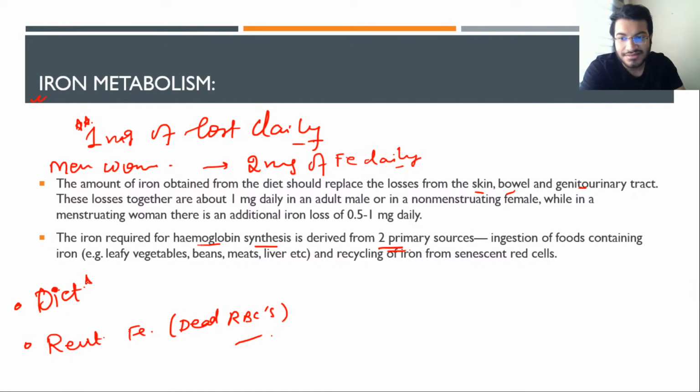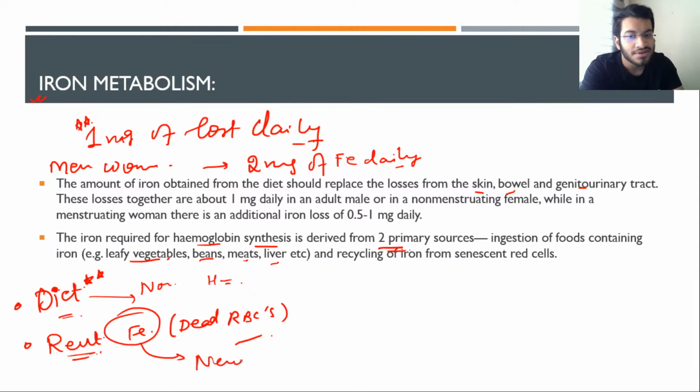First is diet, right? If you take leafy vegetables, beans, meat, liver, then in your diet you are giving yourself non-heme iron or heme iron. And then your dead RBC के अंदर जो हीमोग्लोबिन होता है वहाँ से भी आयरन निकल जाता है, and that iron is also reutilized to form newer hemoglobin.